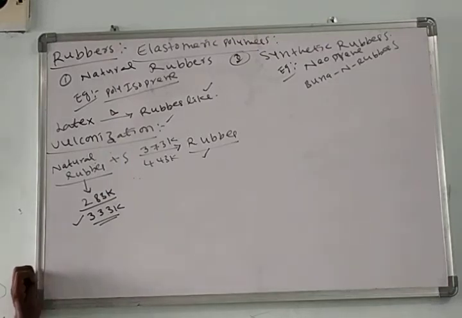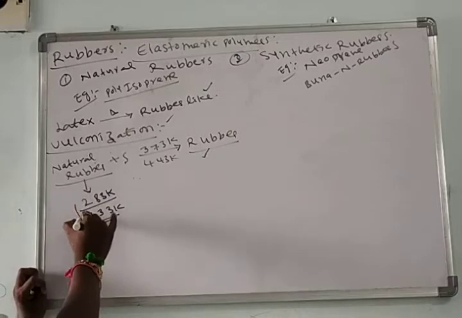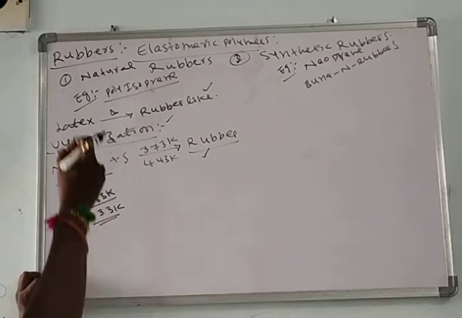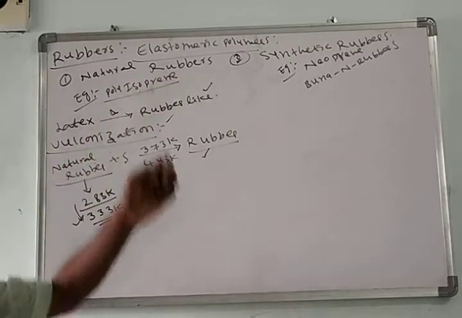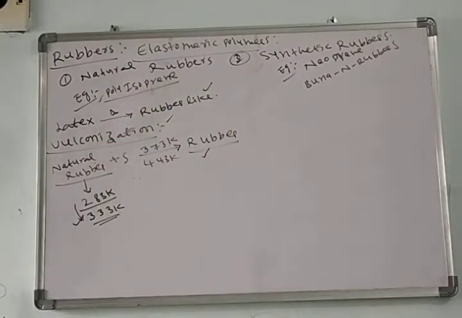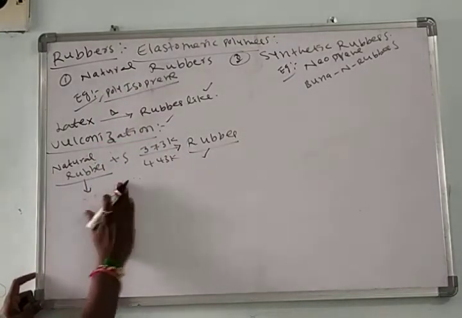That means the softness increases by increasing the temperature from 283 to 333 Kelvin. This property is only related to natural rubber. Example for natural rubber, as discussed: polyisoprene. How do we prepare polyisoprene?